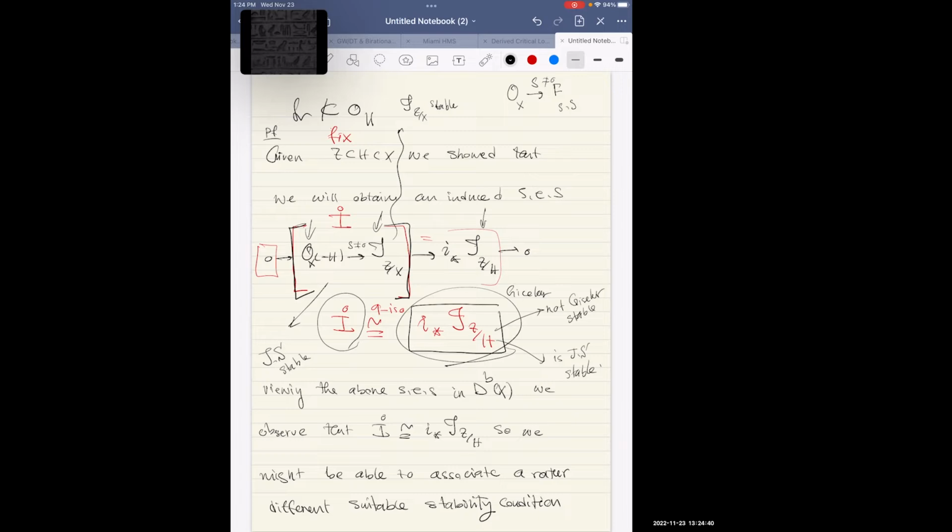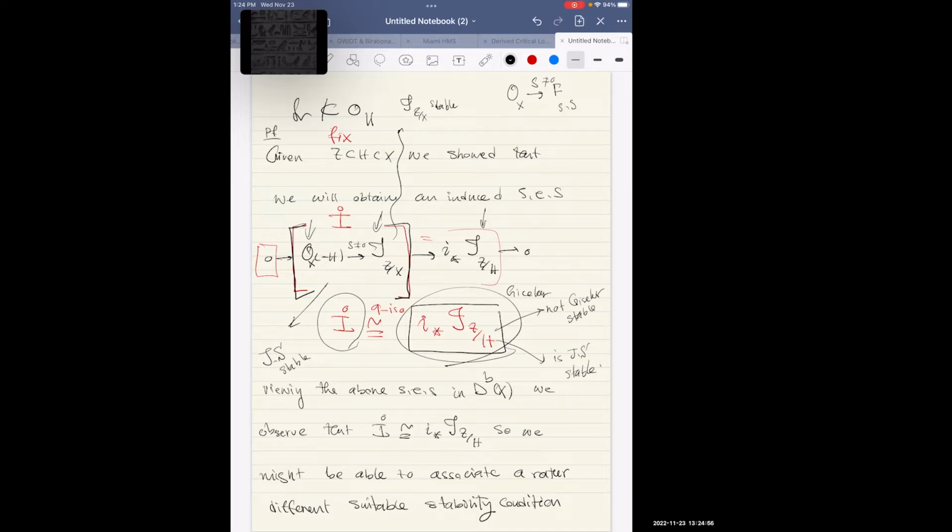However, I need to make sure that it's not true that I can always think of these as Joyce-Song stable pairs, but that under deformations, they are always going to remain Joyce-Song stable pairs.